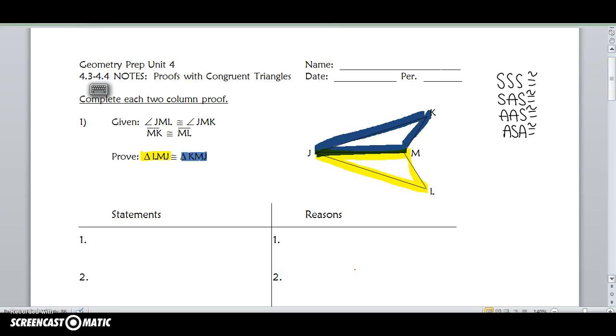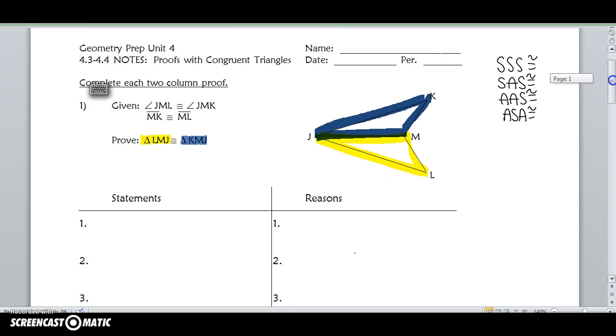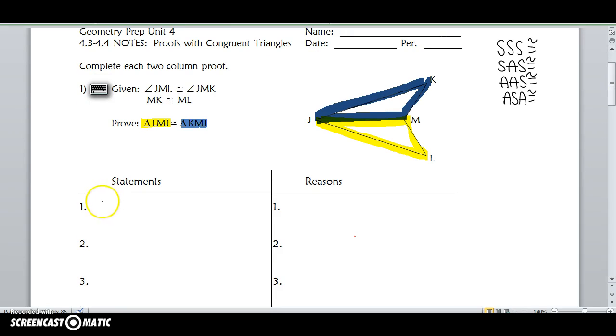But let's first start with just writing down our givens, like we have in the past for our regular proofs. So we're going to write down angle JML congruent to angle JMK. And right when I write that down, I'm going to put that in my diagram. So J to M to L is congruent to J to M to K.